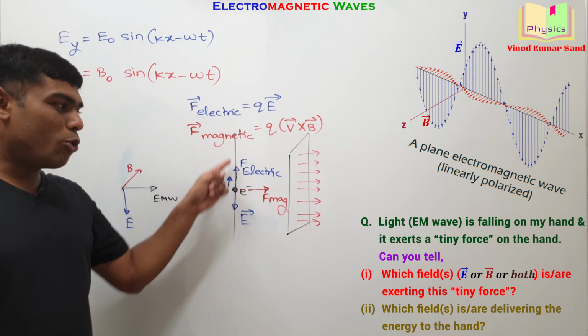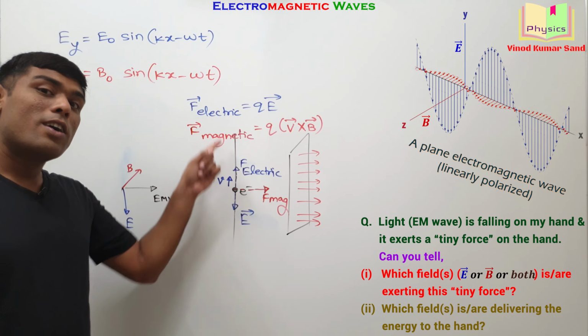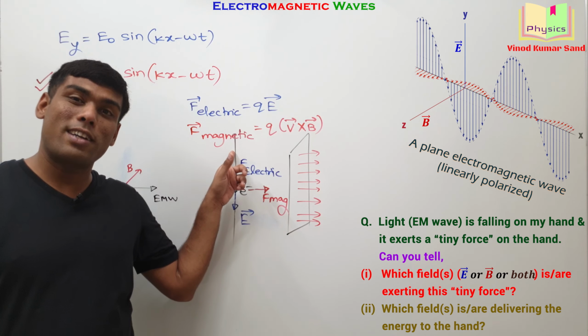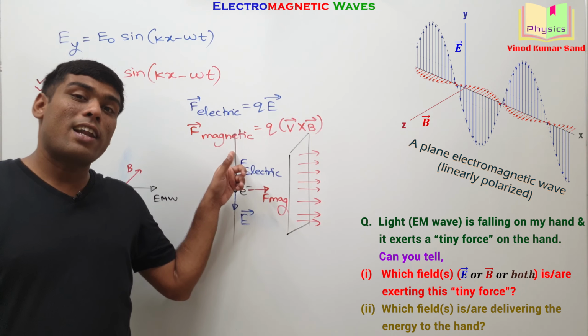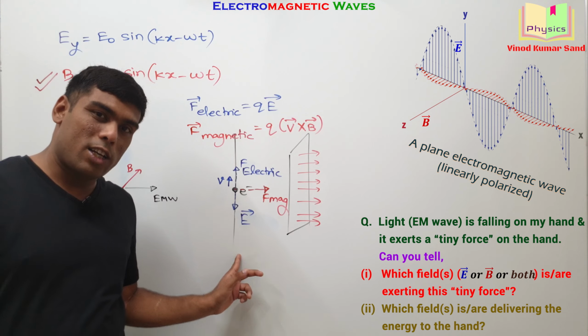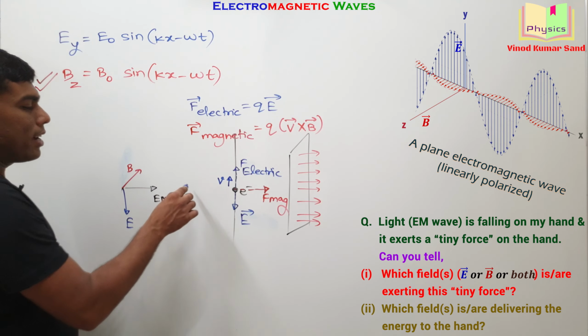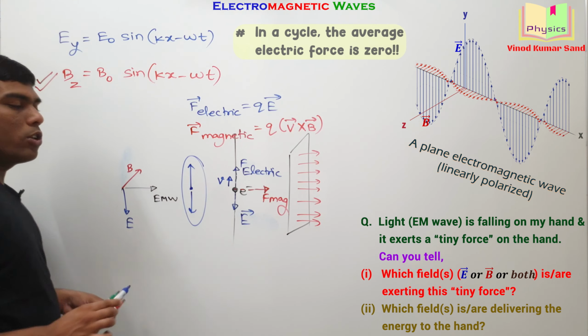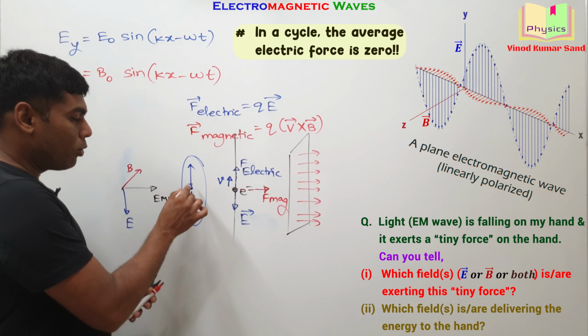The electric force will keep on oscillating. The electric force will increase as the strength of the electric field increases, then the electric force will change its direction. In one cycle, the electric force will be zero on average. Why?